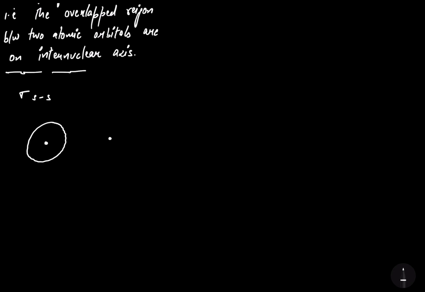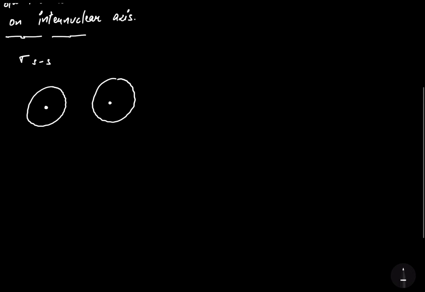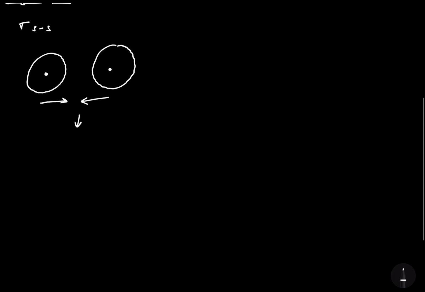This is the another nucleus and this is the another s orbital. During the covalent bond formation, these two atomic orbitals will come closer to each other and there will be overlapping between the two atomic orbitals. This is the s orbital of the first atom.